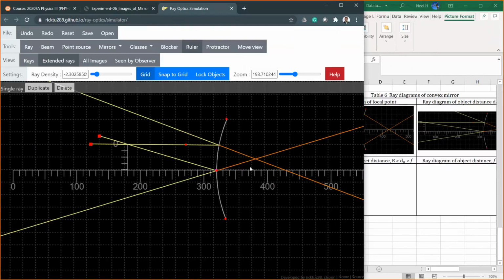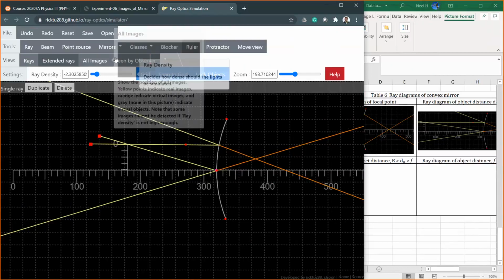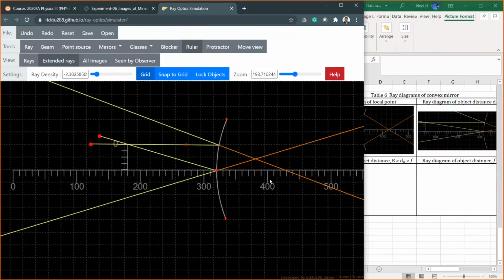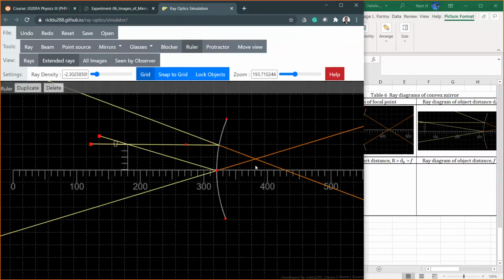And then after reflection, you can see both are diverging, and the extrapolated rays meet here. Now the size of that image is slightly greater than the previous one. Very slightly greater than the previous image, but upright and virtual.